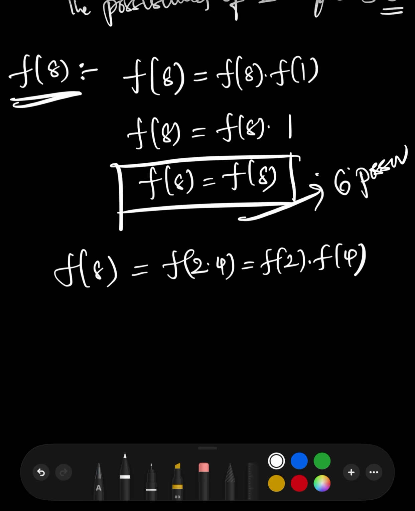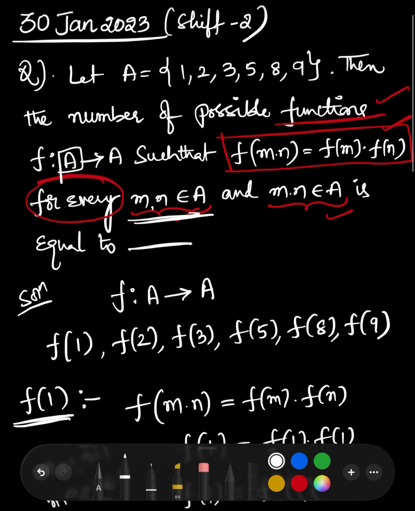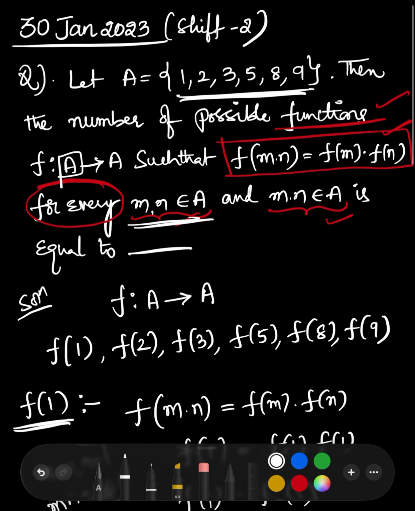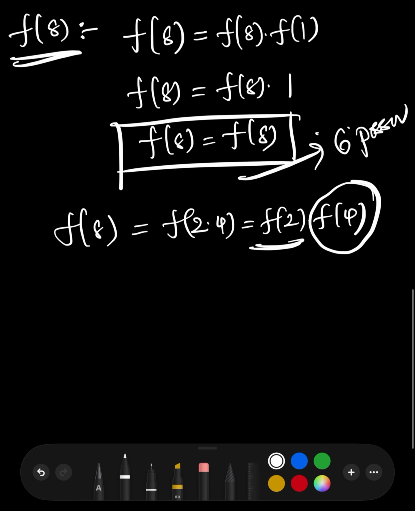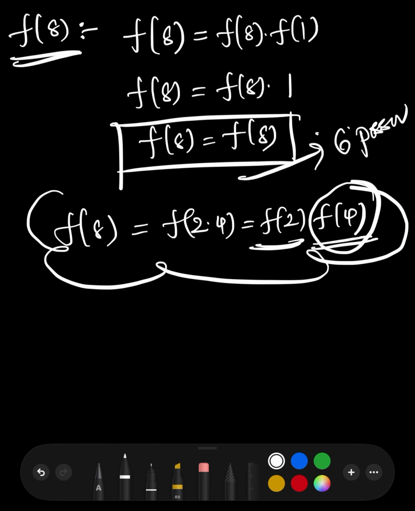But there will be images for f of 2, but there will not be images for f of 4 here, because 4 is not given in the question itself. 4 is not there in the question, so there is no image for 4. It is not possible because 4 is not there in the question. So this condition is a meaningless condition.